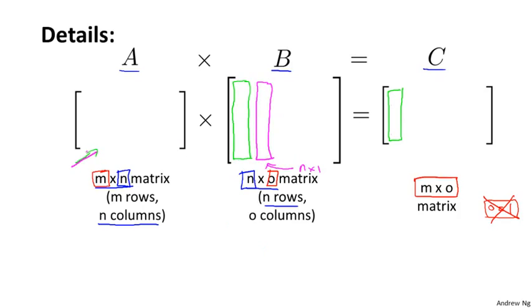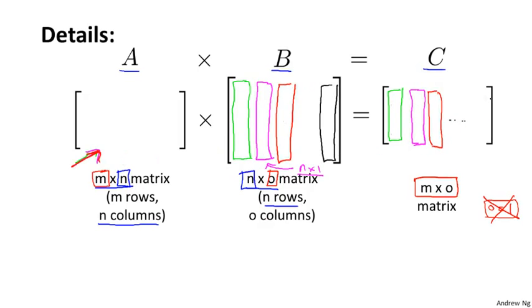I multiply this matrix with this n by 1 vector. The result will be an m-dimensional vector, which I'm going to put there, and so on. Then I take the third column, multiply it by this matrix, and get an m-dimensional vector, and so on, until the last column times the matrix gives you the last column of C.